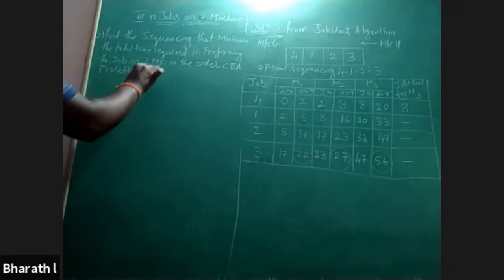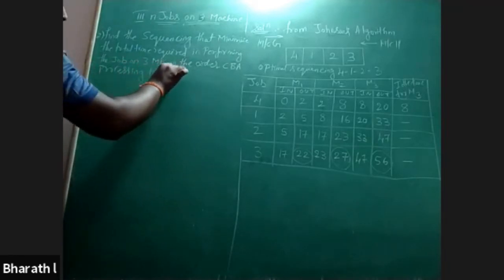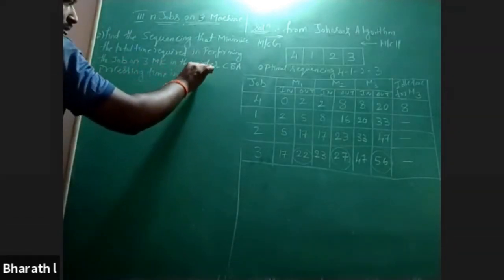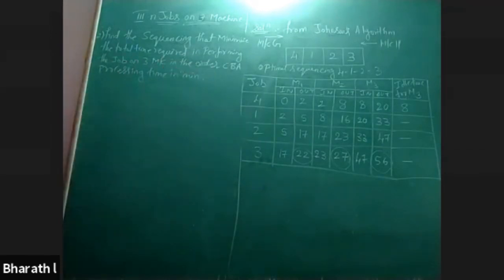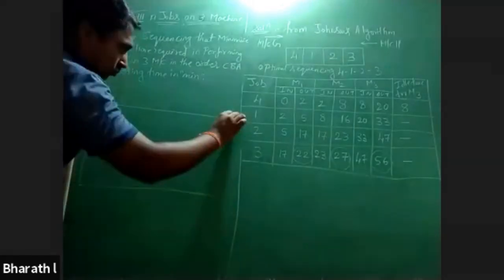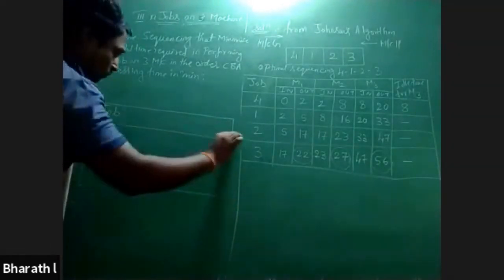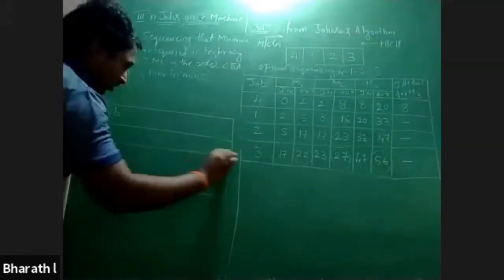Processing time in minutes. The given table has the number of jobs 6. Here they're given 3 machines.